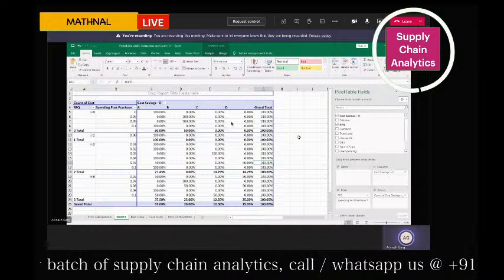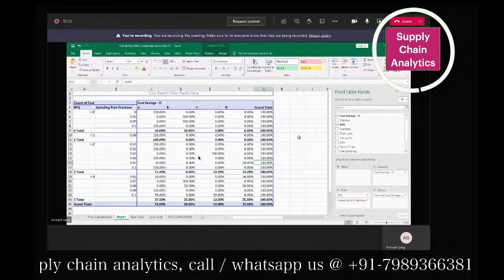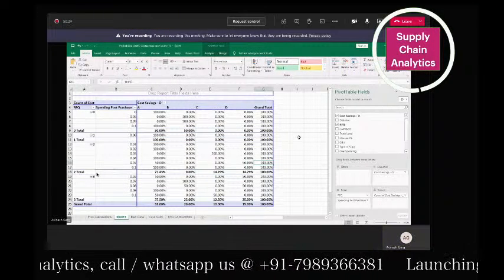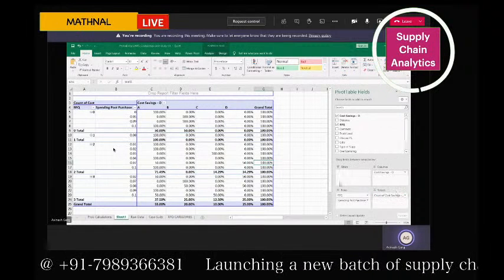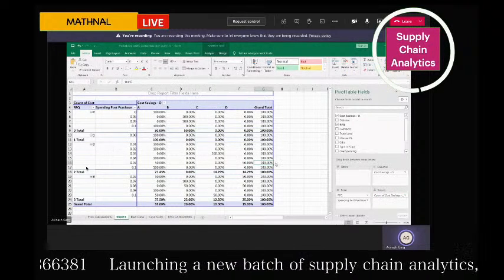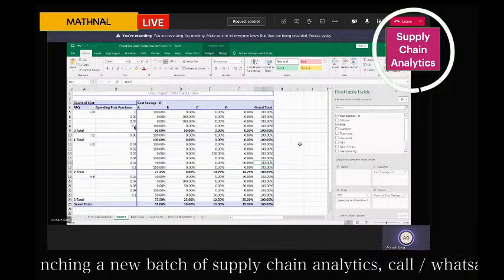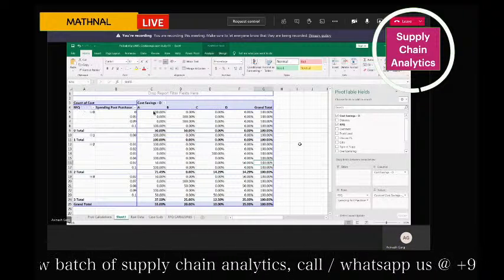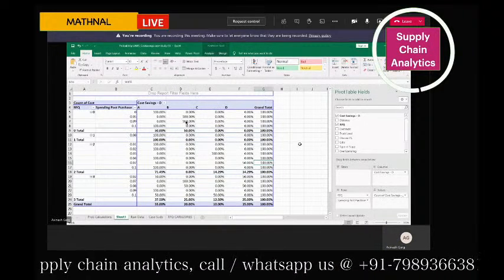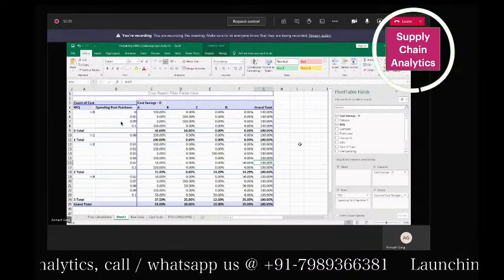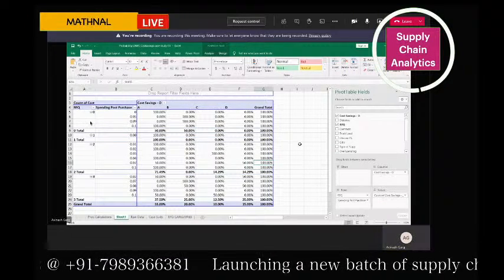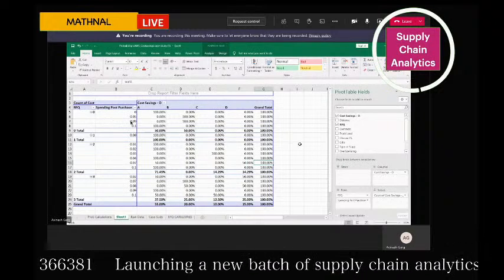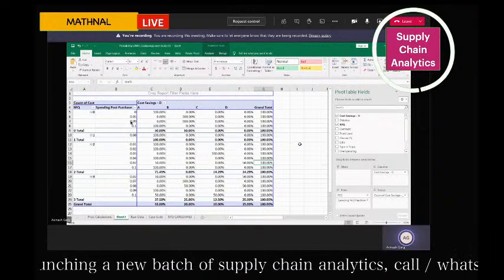Right. So let's see somewhere we have a value here. You want to change it to count? No, let's keep it percentage. So now let's see the probability of cost savings category B when RFQ is having a 0 category and spending post purchase is the 0.09 category.